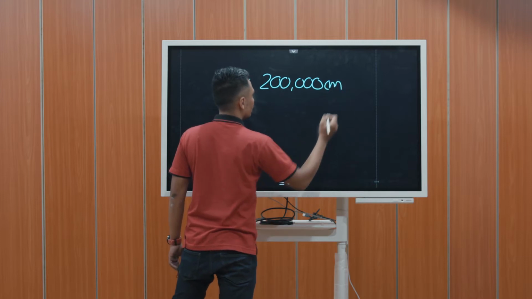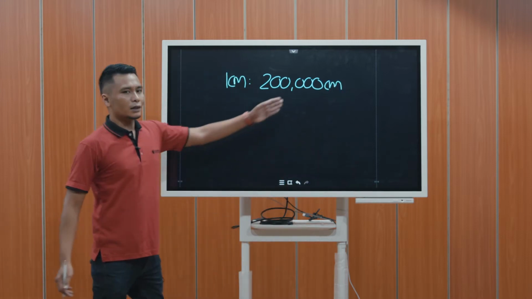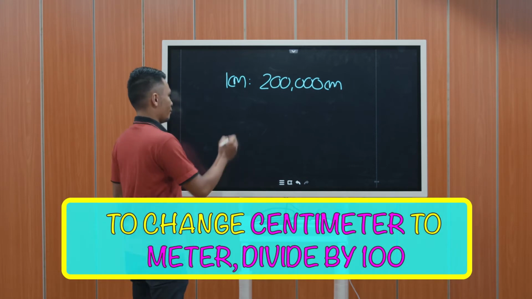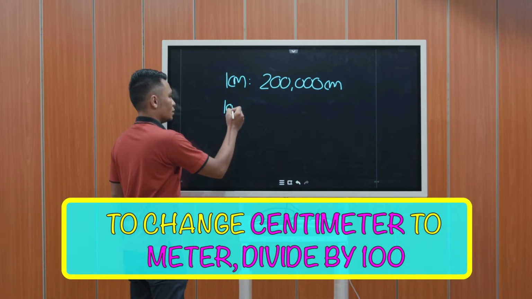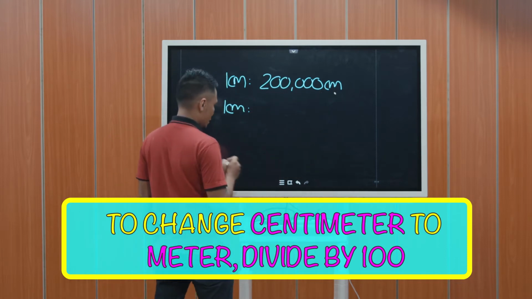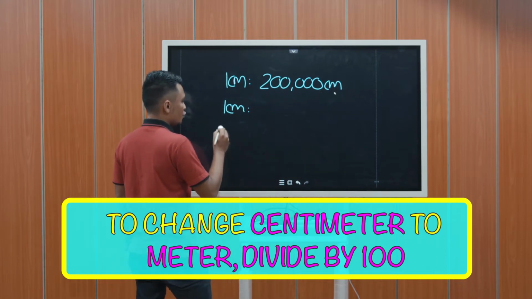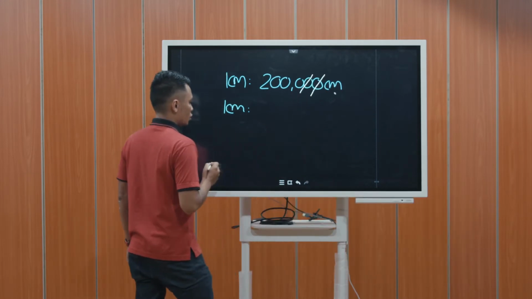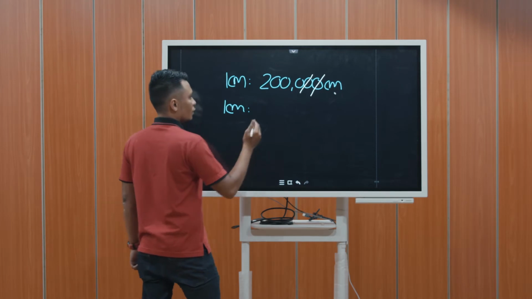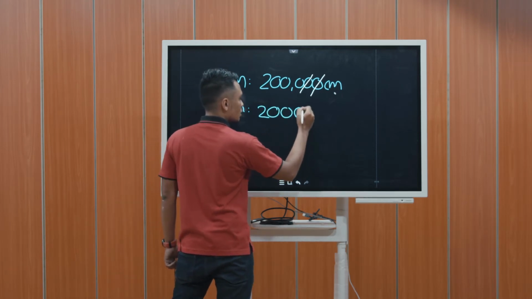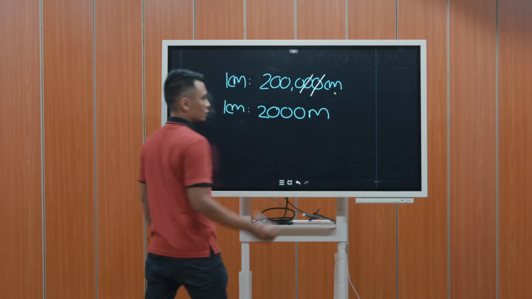centimeter. Okay, to change centimeter to meter, you must divide by 100. 1 centimeter is to how many meters? I divide by 100. I must remove 2 zeros, right? 1, 2. So I will get 2,000 meter.